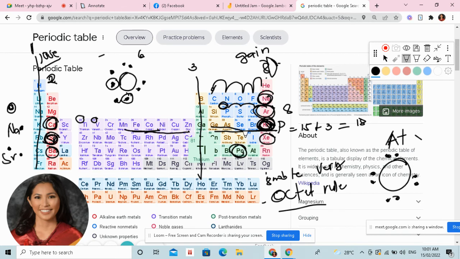Whereas, if we have selenium, Se, it will gain electrons to become isoelectronic with its neighbor noble gas, krypton. So, neighbor for non-metals, but for metals, previous noble gases. The valence electrons are 1, 2, 3, 4, 5, 6.